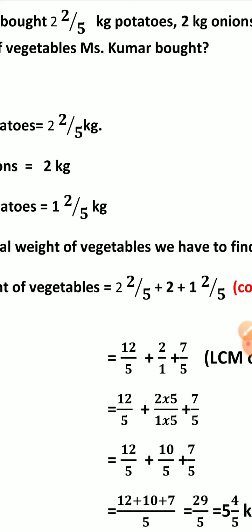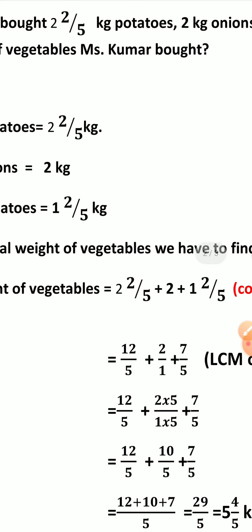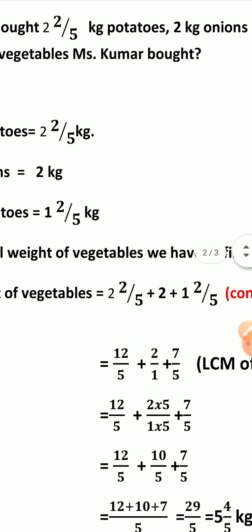Just write 1 in the denominator because any number divided by 1 gives the same number. So 2 can be written as 2 by 1. And the third fraction is 1 2/5. So multiply 1 by 5, 1 5s are 5, and plus 2 is 7. This is the numerator, 7 by 5, as we have done in the previous question.